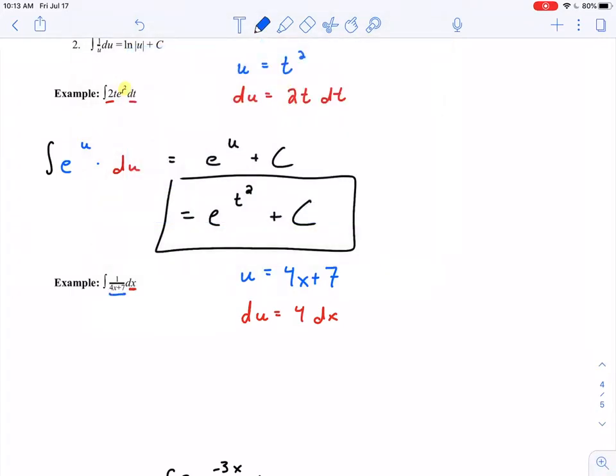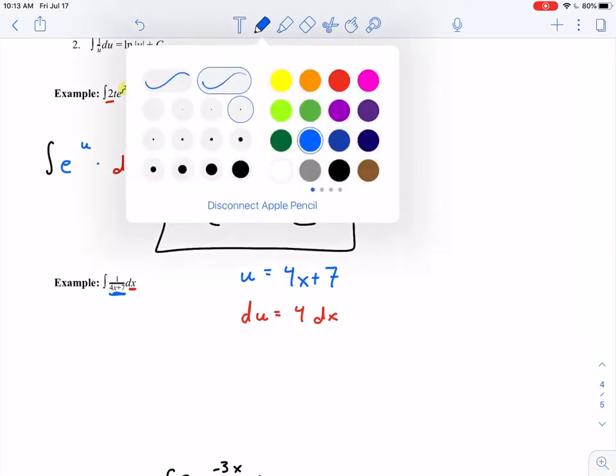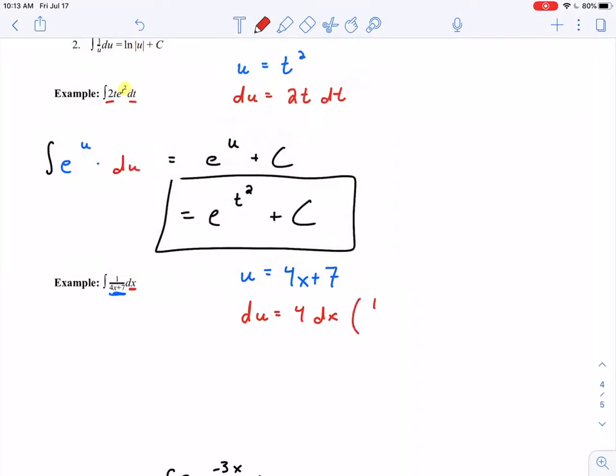Remember this 4x plus 7, that's my u. So I need to get rid of this 4 here. So here I do have to do a little bit of algebra. I will multiply both sides by 1/4 to get rid of that 4. So these two will cancel, and I'm left with 1/4 du is equal to dx.